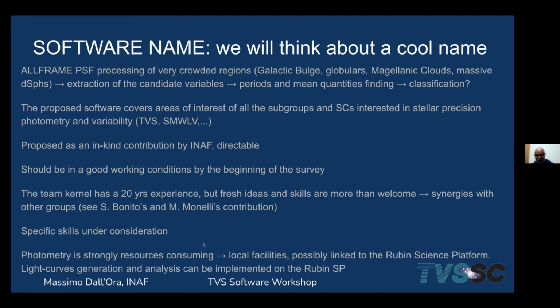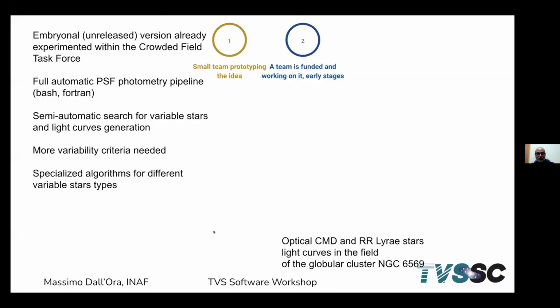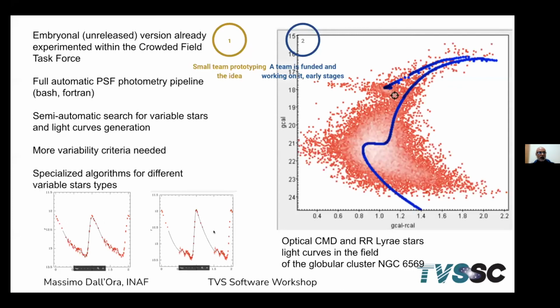And in the next slide, please. We already have a first version, which is unreleased, of our pipeline. Here you can see some results based on the reduction that we performed within the crowded field task force, and we made a full automatic PSF photometry, semi-automatic search for variable stars and Lightcurve generation.